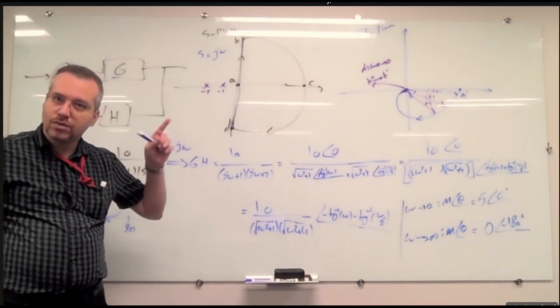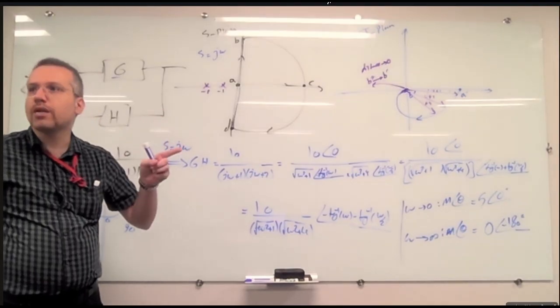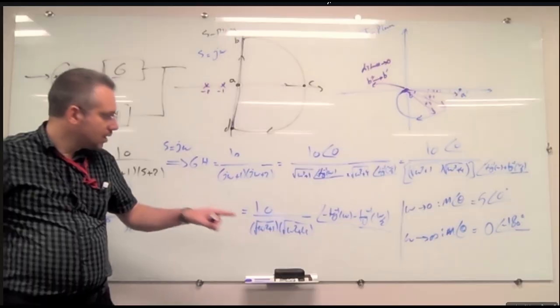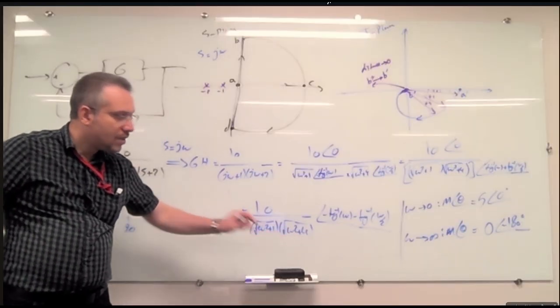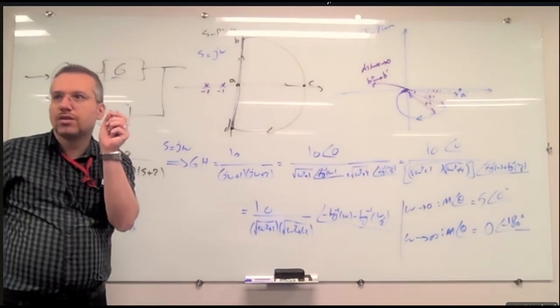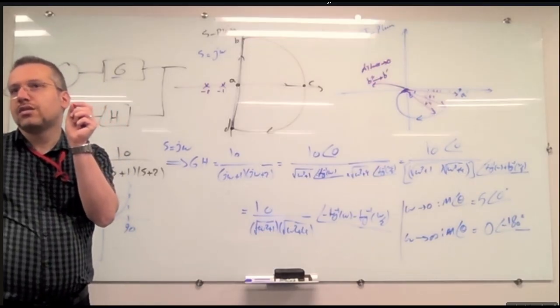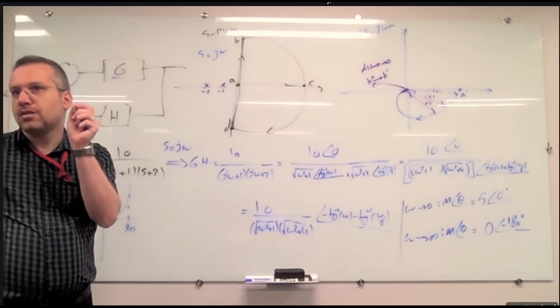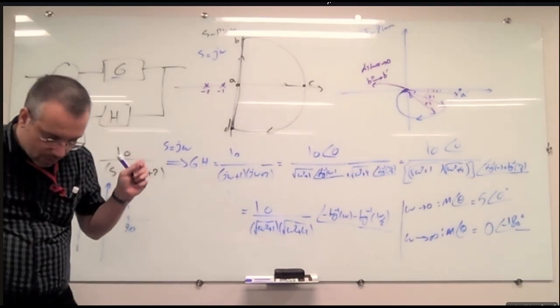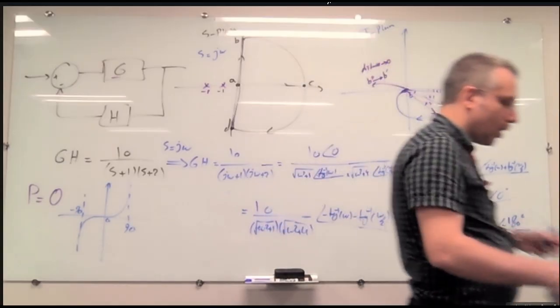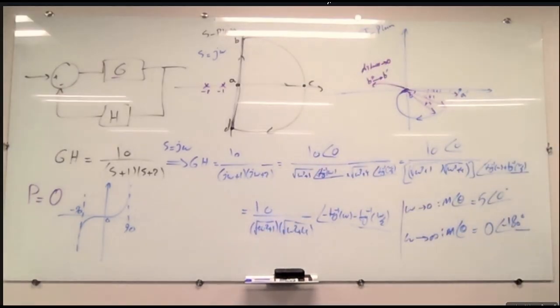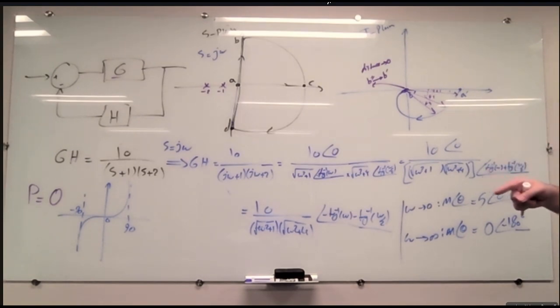If we go to 0.1, the denominator would have a slight increase. So when omega is less than 1, the increase of the denominator, which means the decrease of amplitude, is slower. Is that clear?